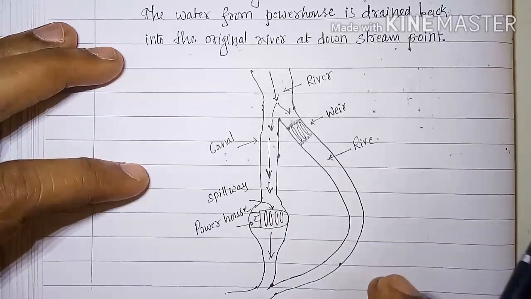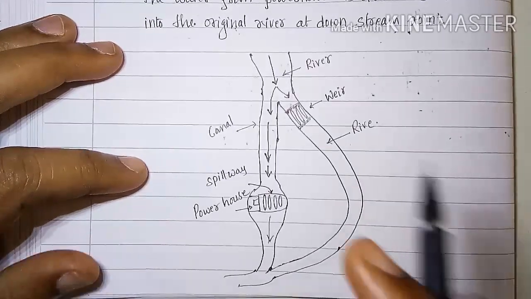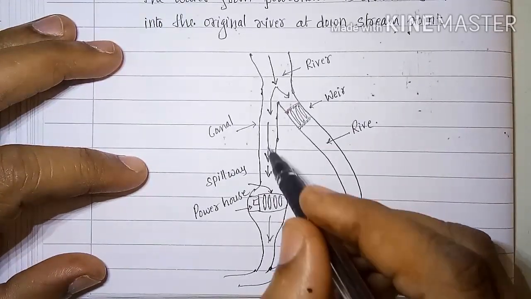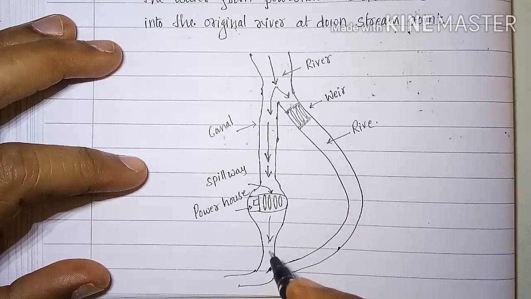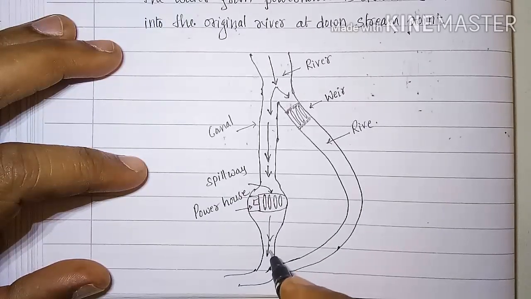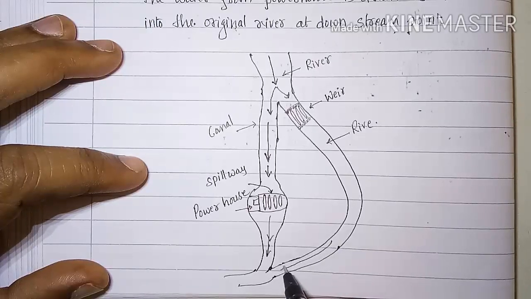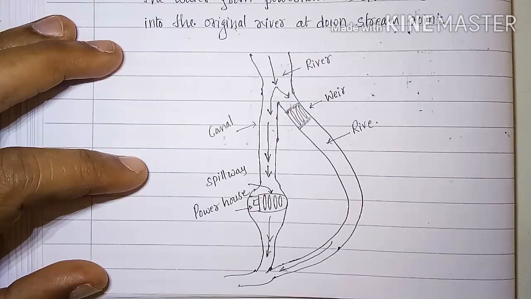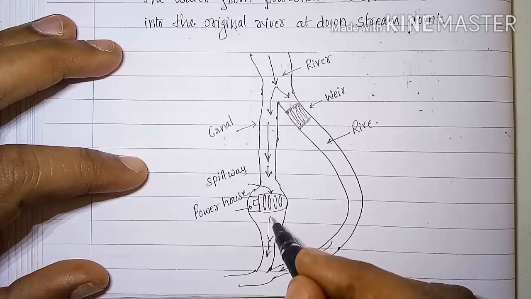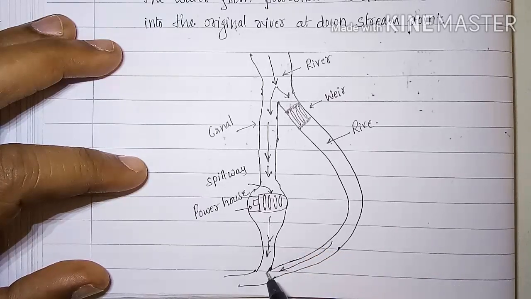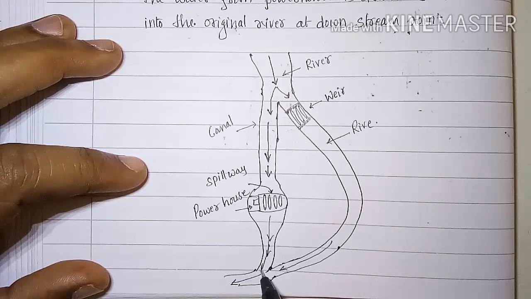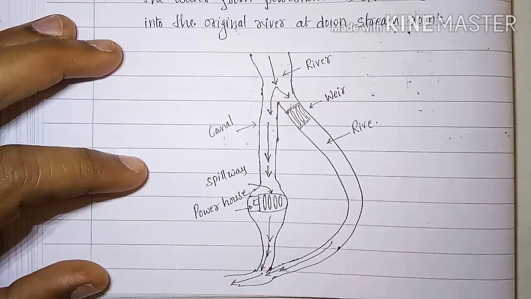And during normal power generation days also, the water will flow into the river back. So this is the river here. After generation of power, the water that comes out of the turbine will join the river water once again at the downstream point.